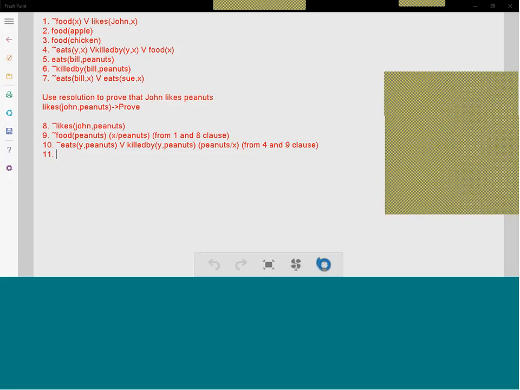Here I'm combining 5 and 10. You can see 5 has a literal, and in 10 you can also find its negative, so both will be cancelled. Here we can place Bill instead of y. So what will be the remaining part? Killed by y, peanuts.